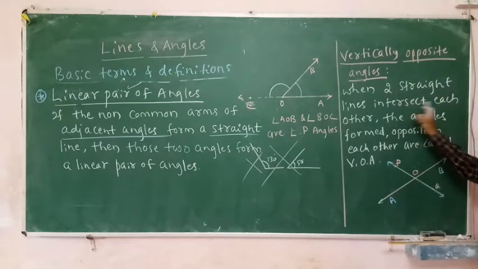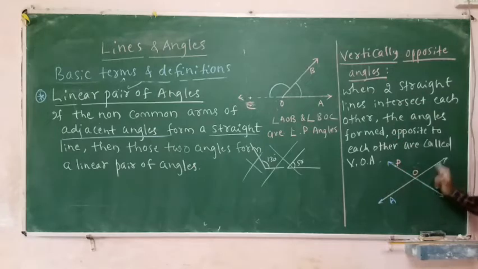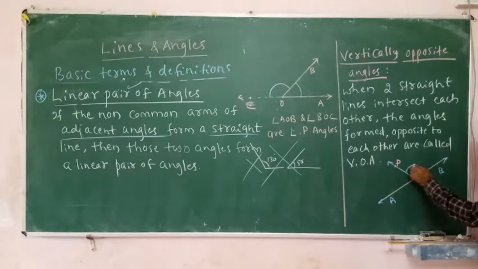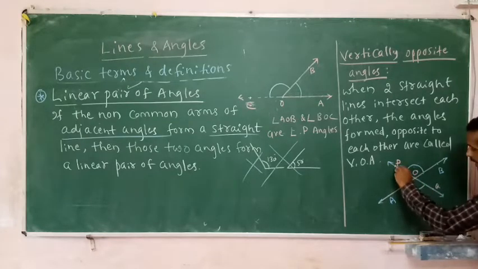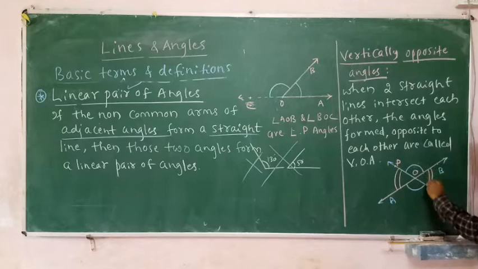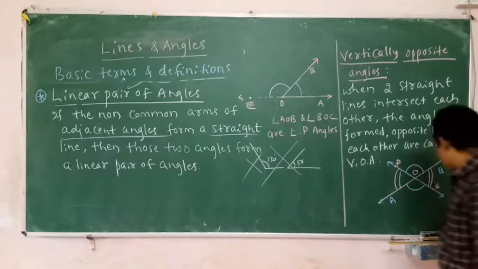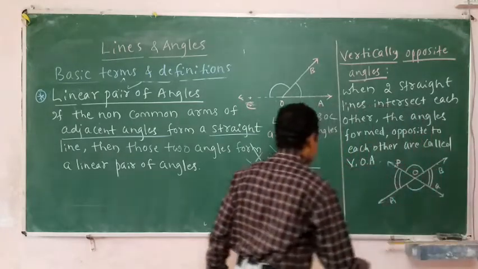When two straight lines intersect each other, the angles formed opposite to each other, I can call these two angles vertically opposite angles. I can write here.